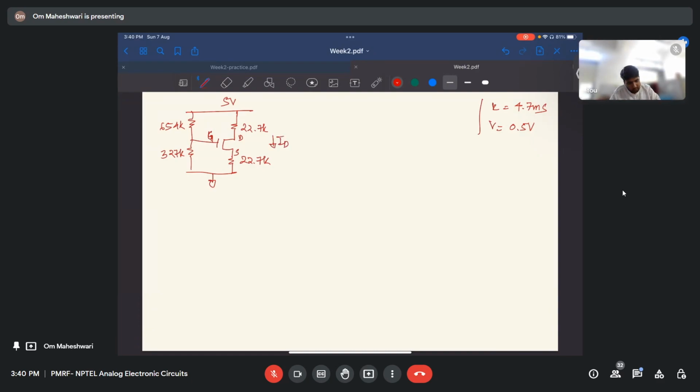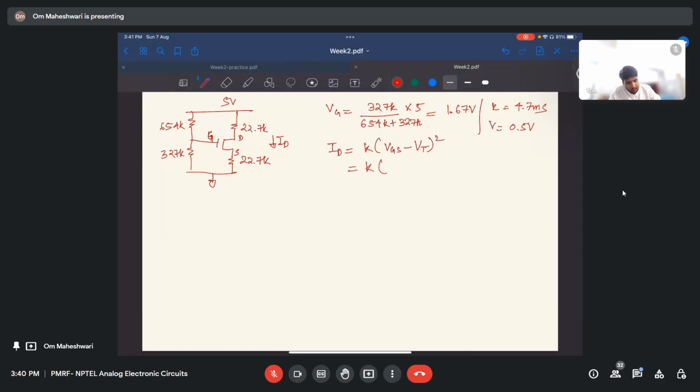Again, if we solve, VG equals 327K by 654K plus 327K into 5, it will be 1.67 volts. Now simply applying the current equation, K times VGS minus VT whole square.